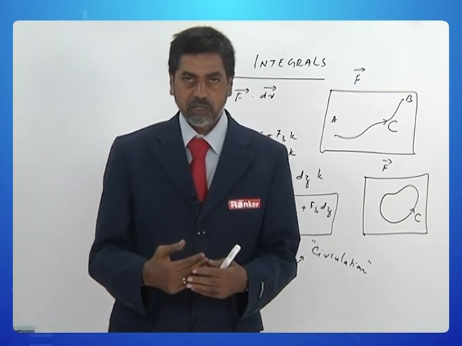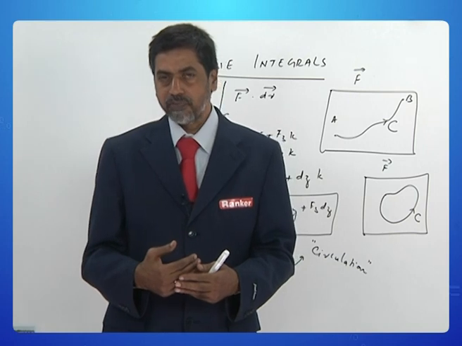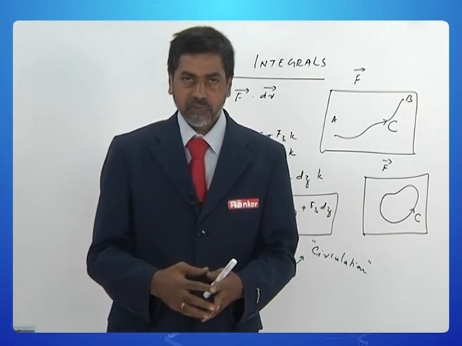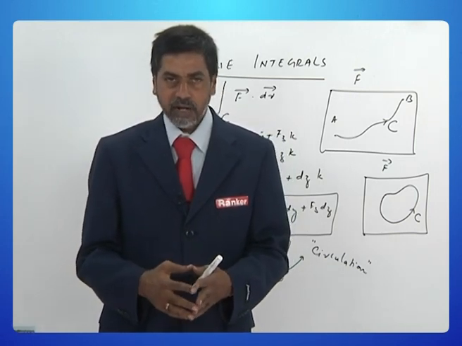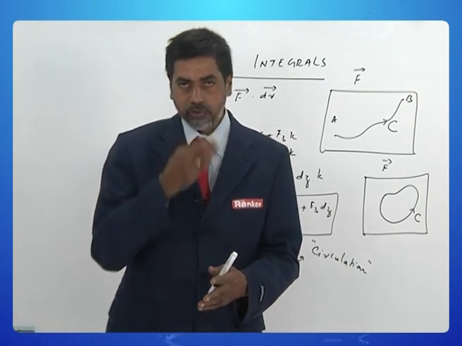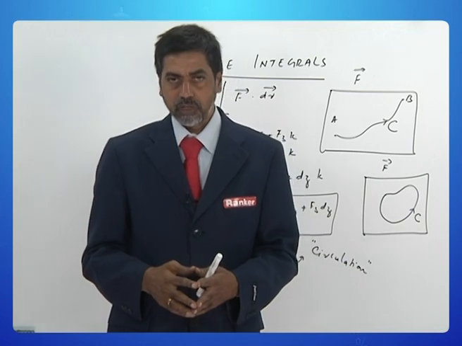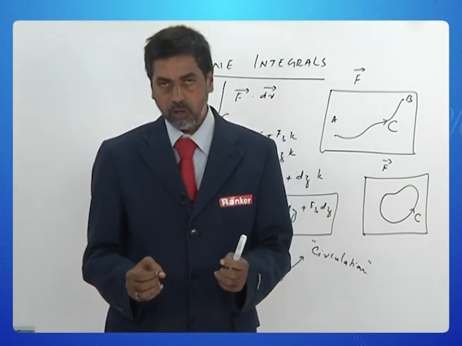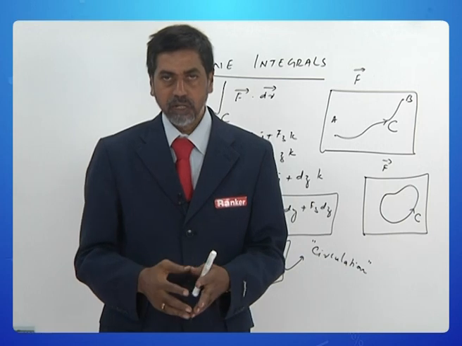So we'll first look into the evaluation of open line integrals, a few varieties, and after that we'll go to the problems of circulation. At the same time, I would be introducing the Green's and Stokes theorem, so that we will explore all line integrals in one single place.